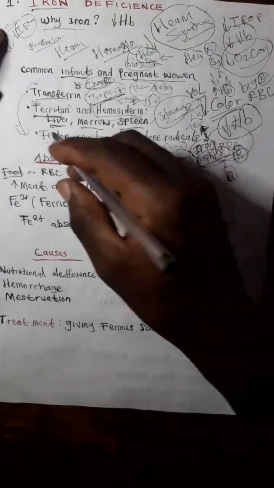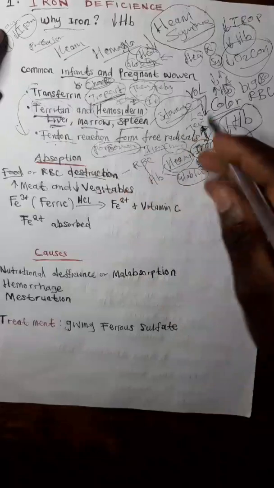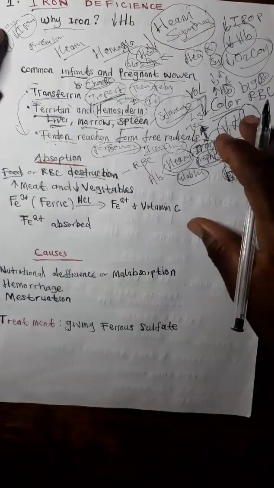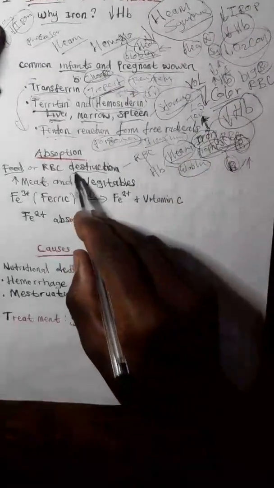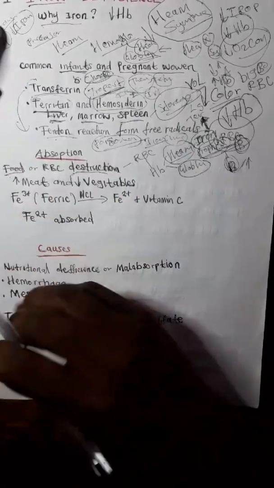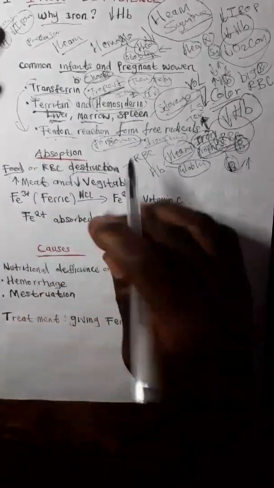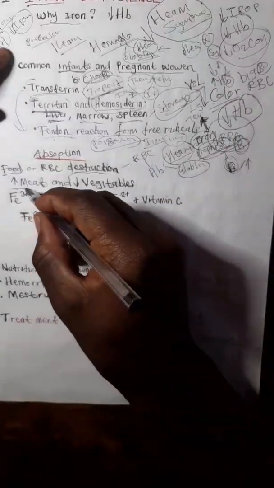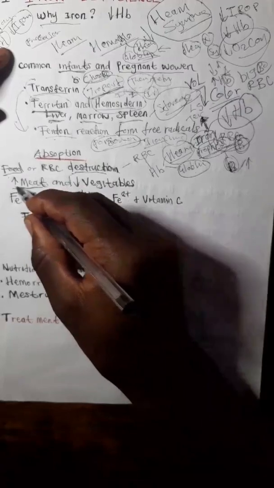So the destruction of red blood cells can lead to an increase in the concentration of bilirubin. So the destruction of red blood cells and the food that we eat are the main sources of iron. The main concentrated source of iron is meat.